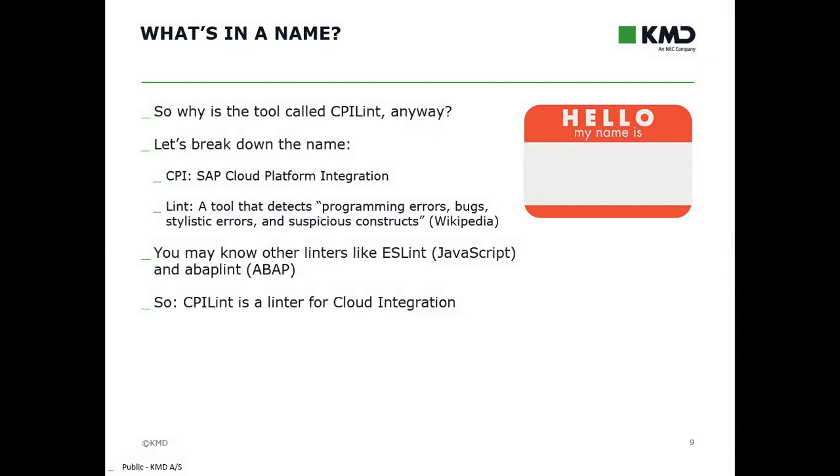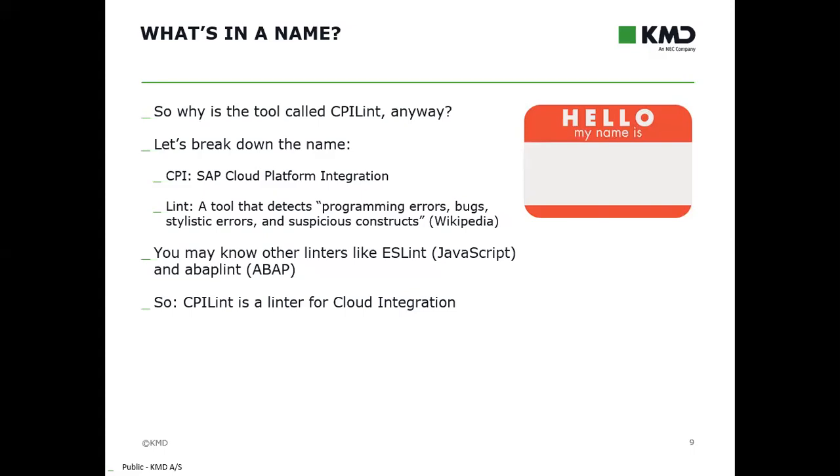A little bit about the name. Why is it called CPILint? Yeah, we can break it down into CPI. I already mentioned that's SAP Cloud Platform Integration for short. Lint or a linter is a tool, and this is just a Wikipedia definition, right, that detects your programming errors, bugs, stylistic errors, and suspicious constructs.